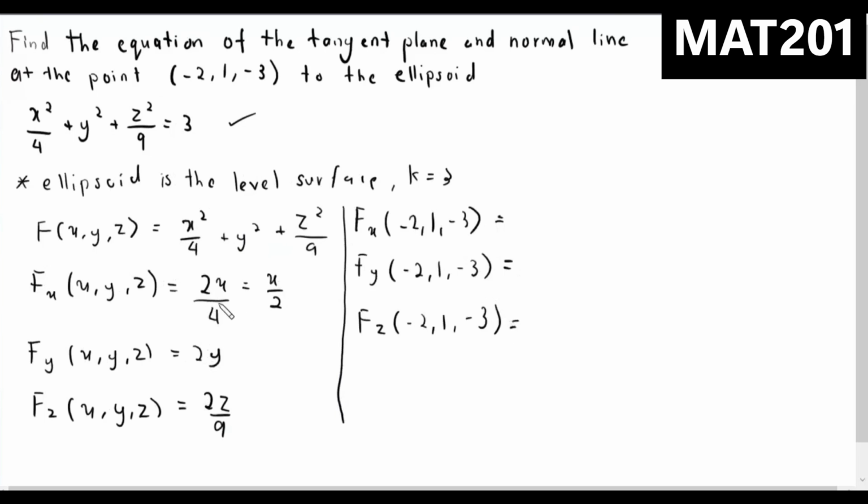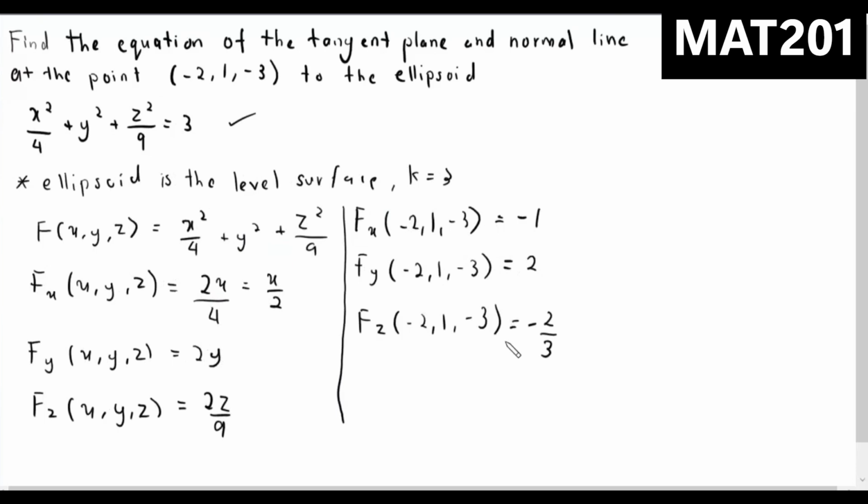For the first one, x over 2 at x equal to -2 gives -2 over 2, which is -1. Similarly for the second term, 2y is 2 times 1, which is 2. And the third one, 2z over 9, plugging in z equal to -3, gives -2 over 3.